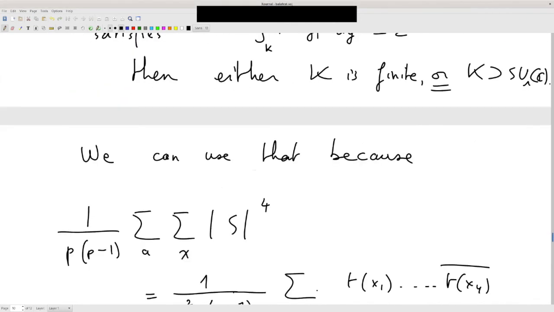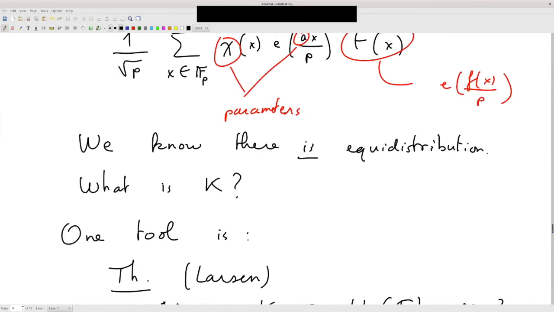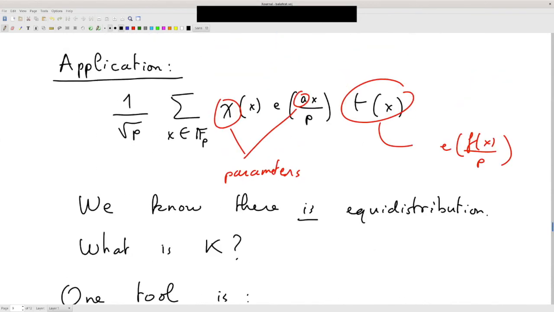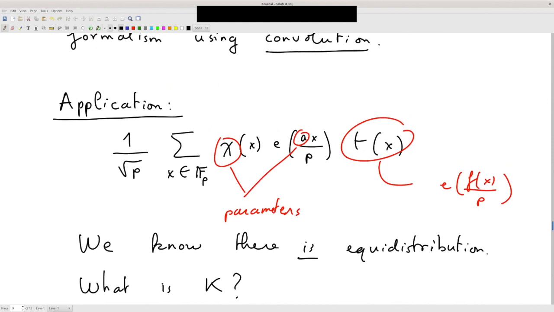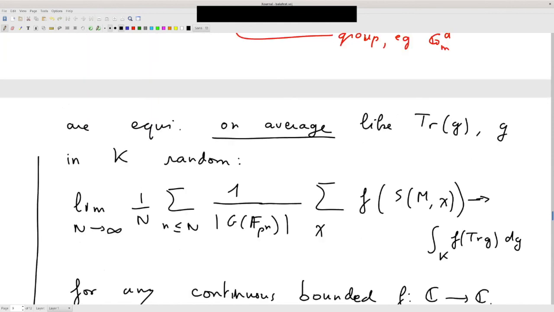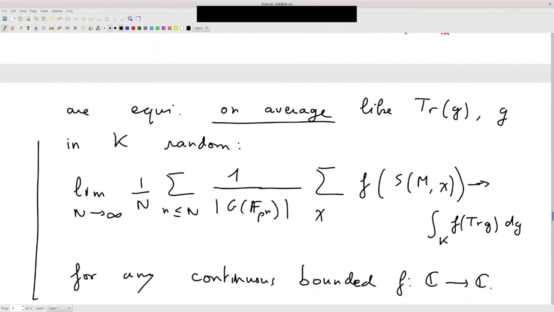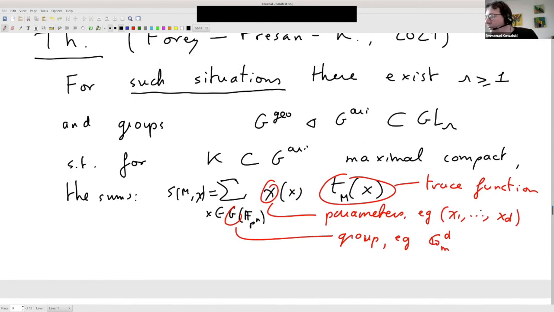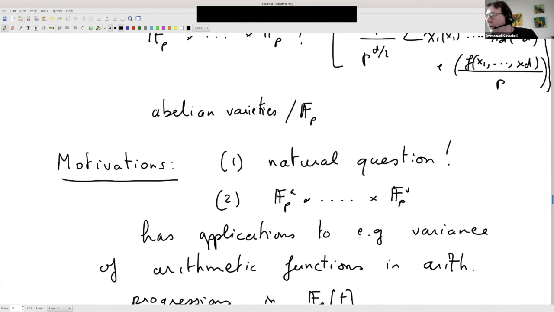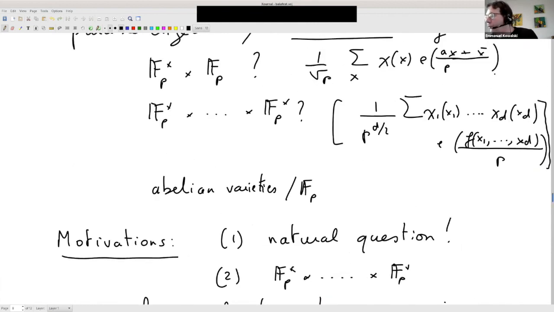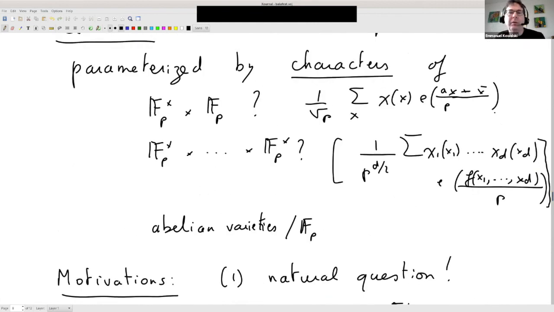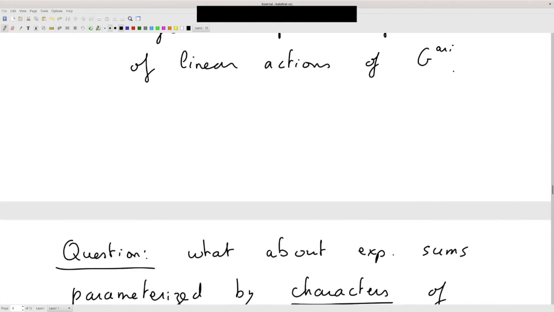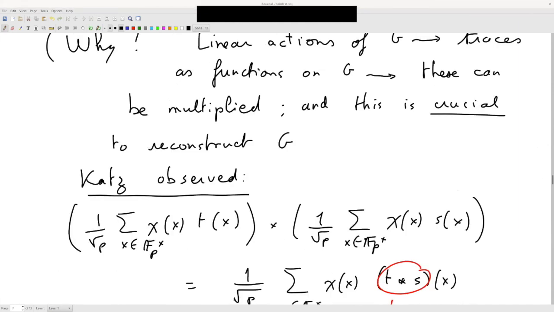Any multiplicative subgroup, as you fix your X in F star P. So if I fix X belonging to a subgroup of F star P. So if you mean in the summation I replace the summation over a group by a summation over a subgroup? Yes, yes.